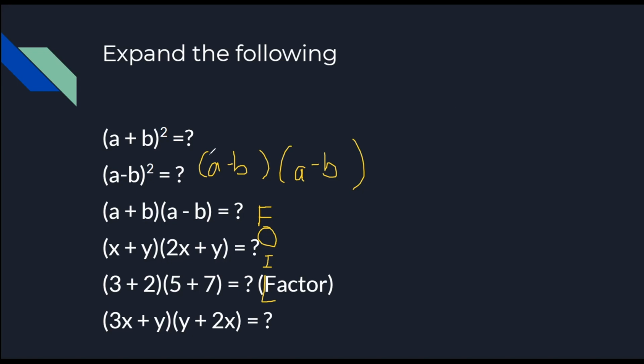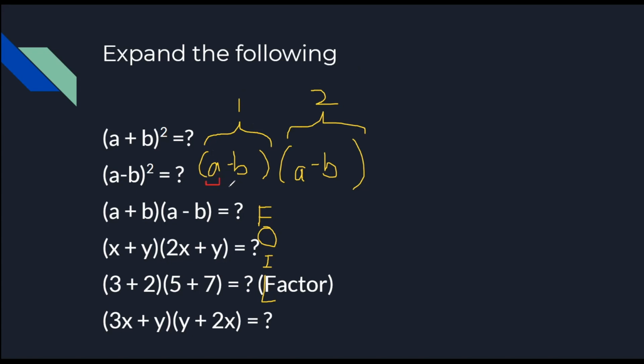So what's the first element in the first set of parentheses? Let's call this first, and let's call this 2, okay? So Samuel, what's the first element inside parentheses number 1? Is it a or negative b? A. Yeah, okay.